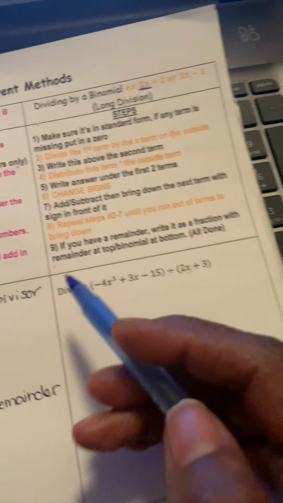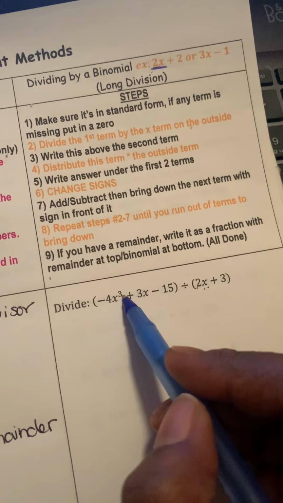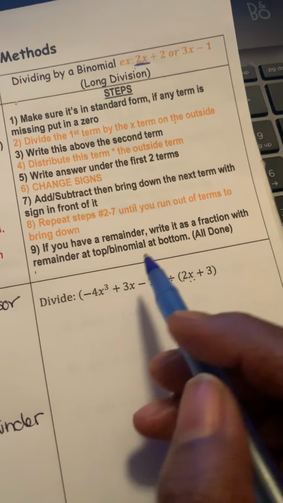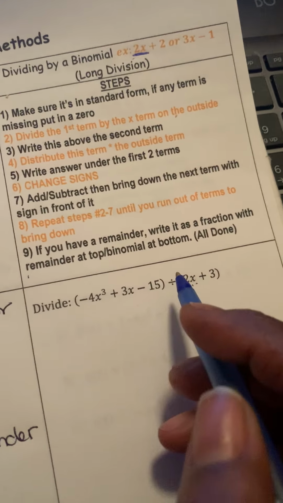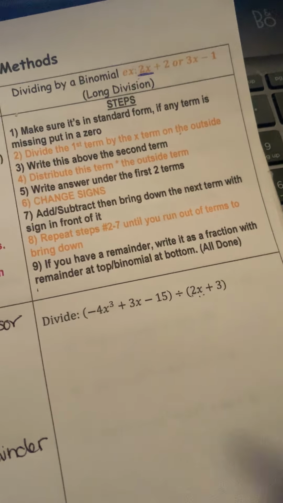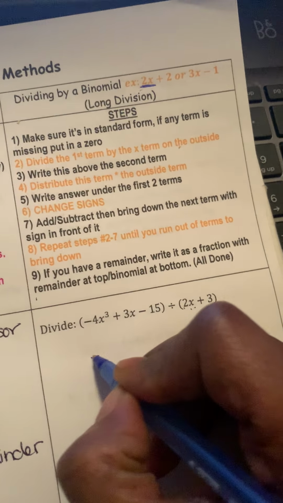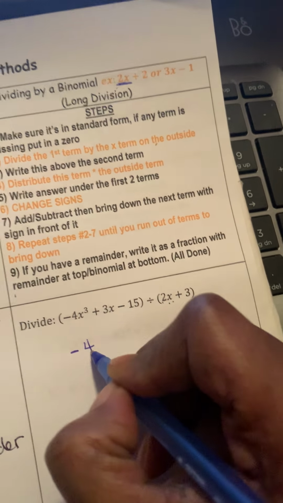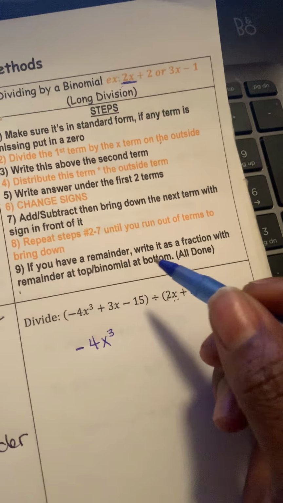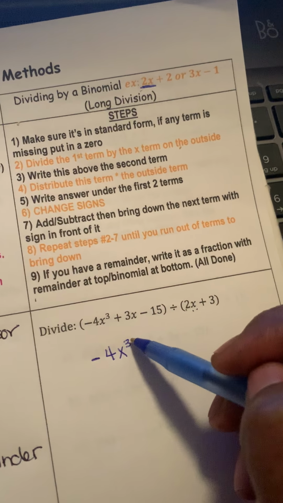All right, so the first thing we want to do is make sure that it's in standard form. So when I look at this, I notice that I'm missing a variable. So I'm going to rewrite this problem, and I'm going to fill in a 0 for the variable in the exponent that I'm missing. So I have the first term, which is negative 4x cubed. The problem is I'm missing the next term, which would have an x squared.